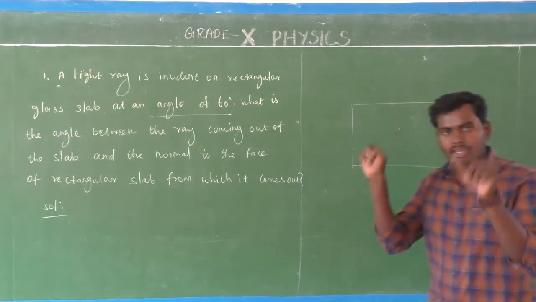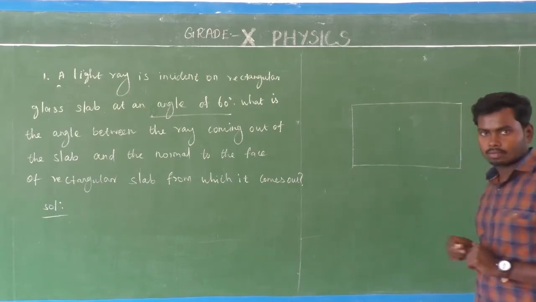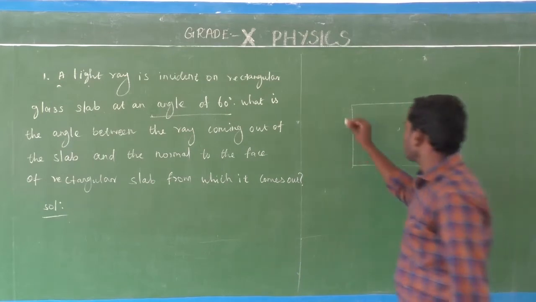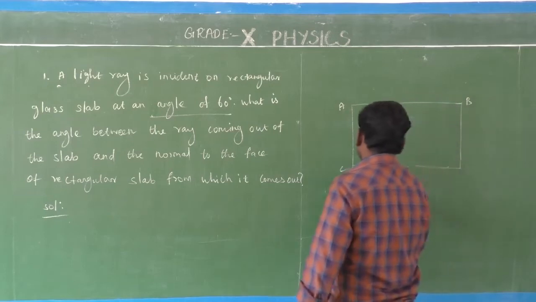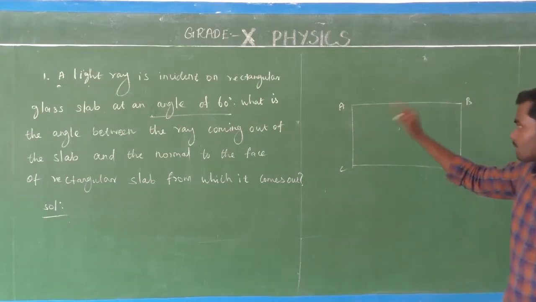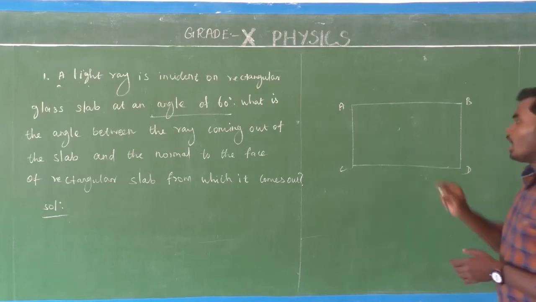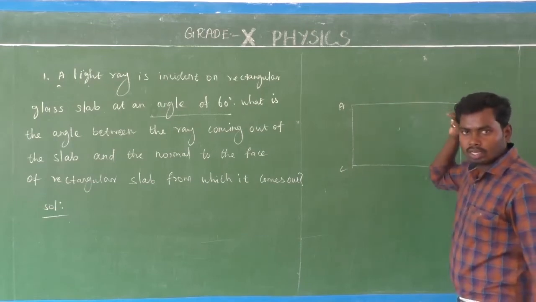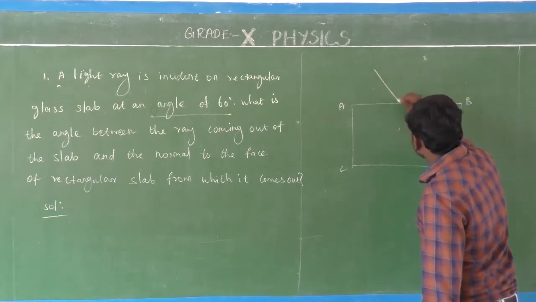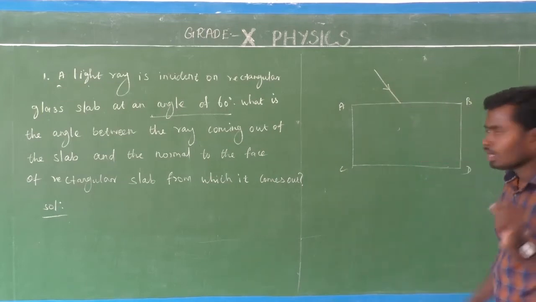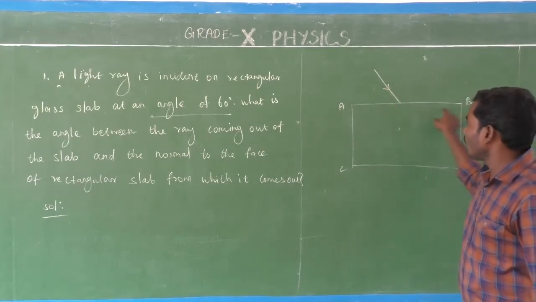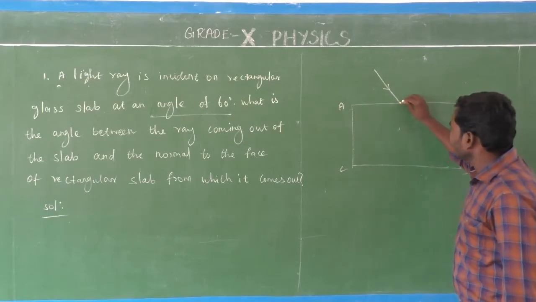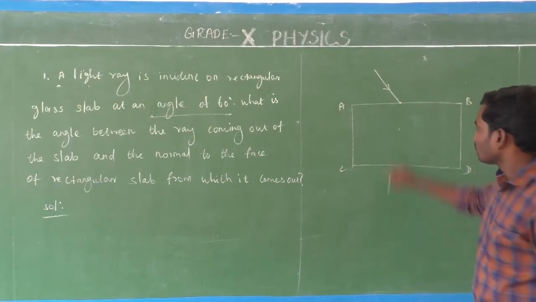Give names to the corners of the glass slab: A, B, C, D. A light ray falls obliquely on the surface of the glass slab. At this point, actually, this is the point of incidence.